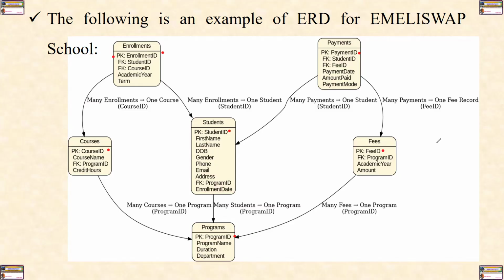Now, if you look at them, the enrollment table has many enrollments being related to one course, that is course ID. While the enrollments table and the students table have many enrollments being related to one student, that is student ID.